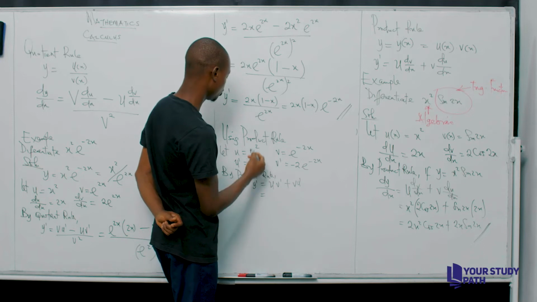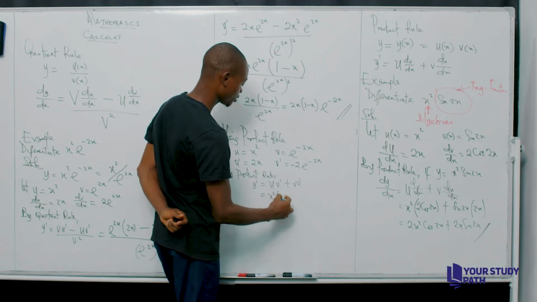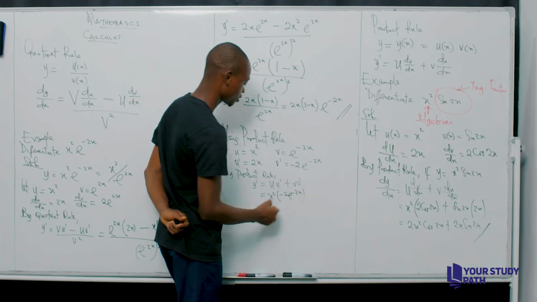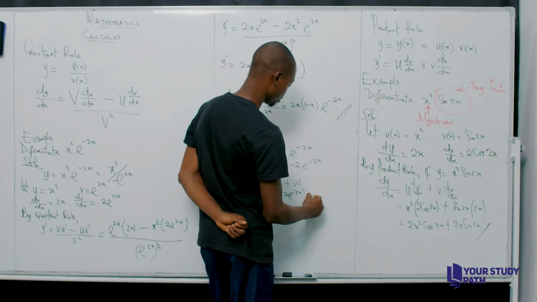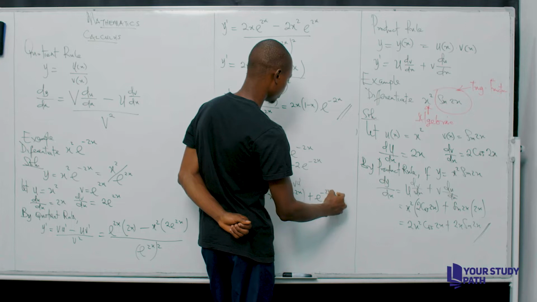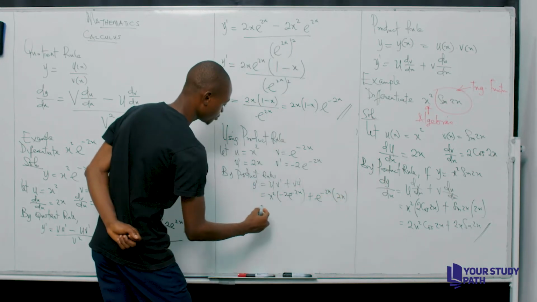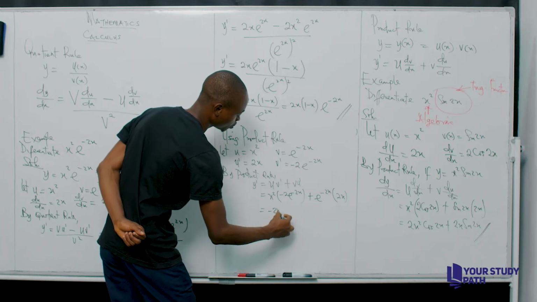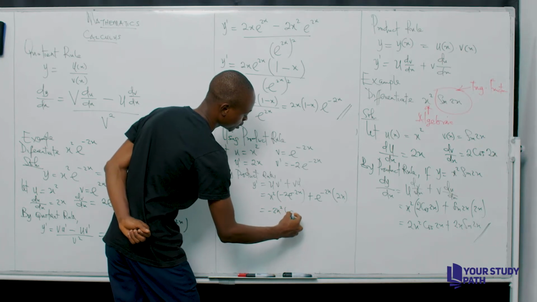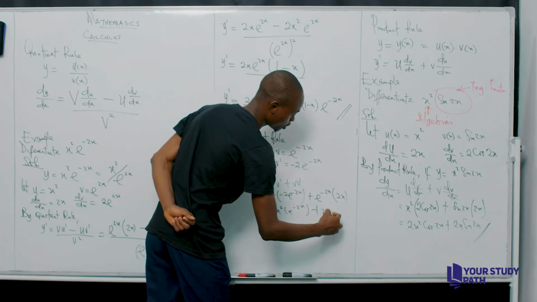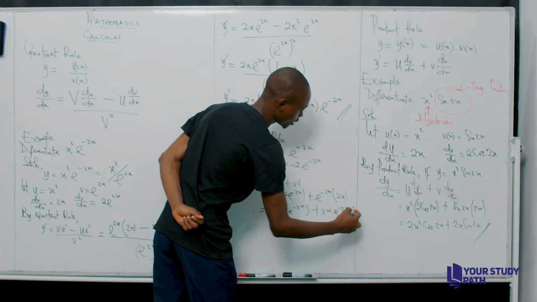This means with u, which is x squared, v prime, which is minus 2 e raised to power minus 2x, plus v, which is e raised to power minus 2x, into u prime, which is 2x. Then, bringing it all together, you have minus 2x squared e raised to power minus 2x plus 2x e raised to power minus 2x.